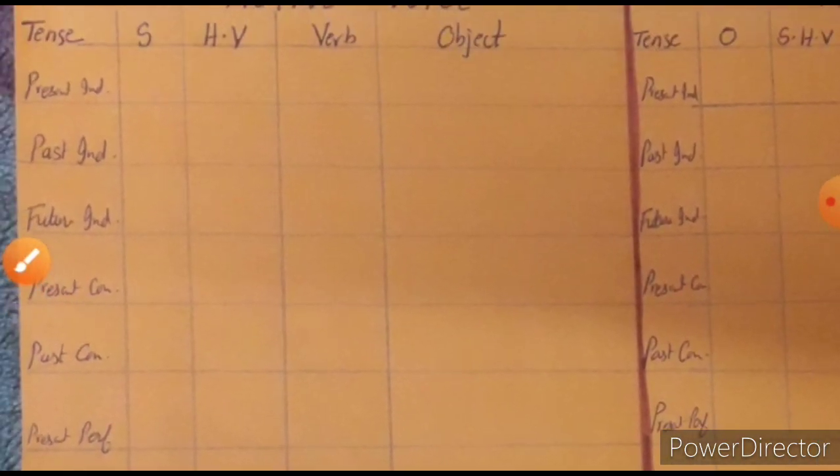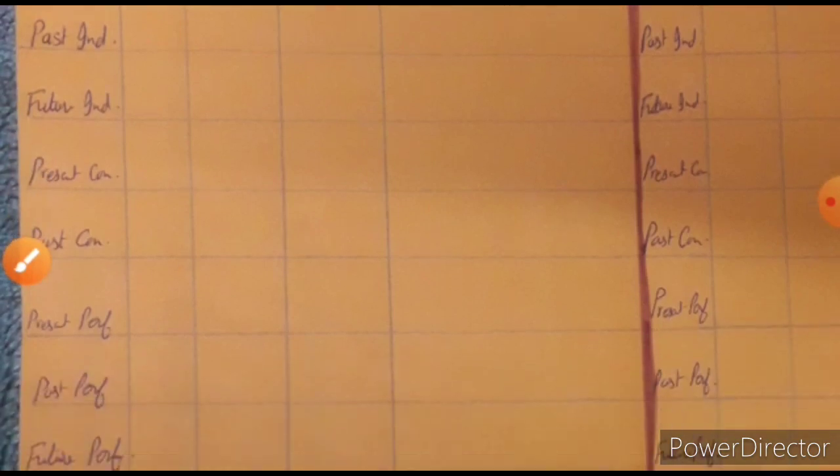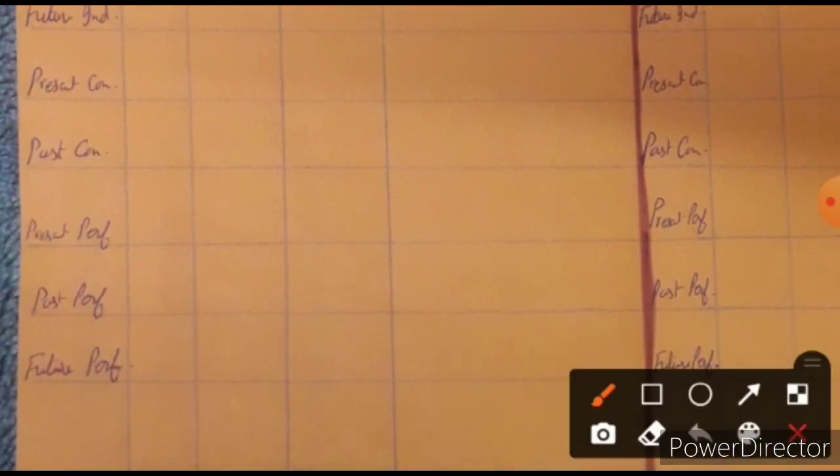Look over here. As you can see, the present indefinite tense, then we have past indefinite, then we have future indefinite. We have two types of continuous tenses, present continuous and past continuous. We do not change the future continuous, we change only present continuous and past continuous. Then we come to the perfect tense, and in the perfect tense we have present perfect, past perfect, and future perfect.